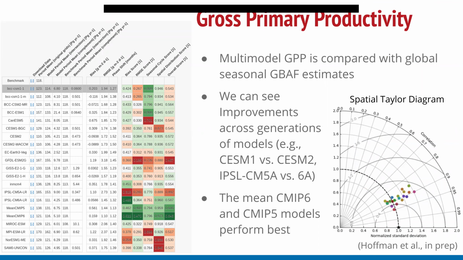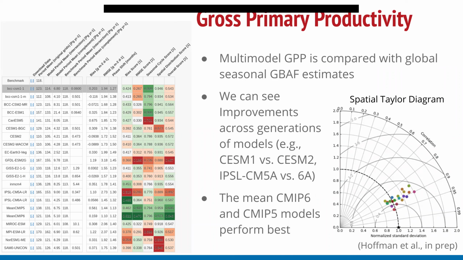And we can, for instance, look at CESM1 BGC, that row, versus the CESM2 row, and recognize that the scores have overall improved in CESM2 versus those same scores in CESM1 BGC. And likewise, for most of the other models, we see more green in the newer generation of that model.